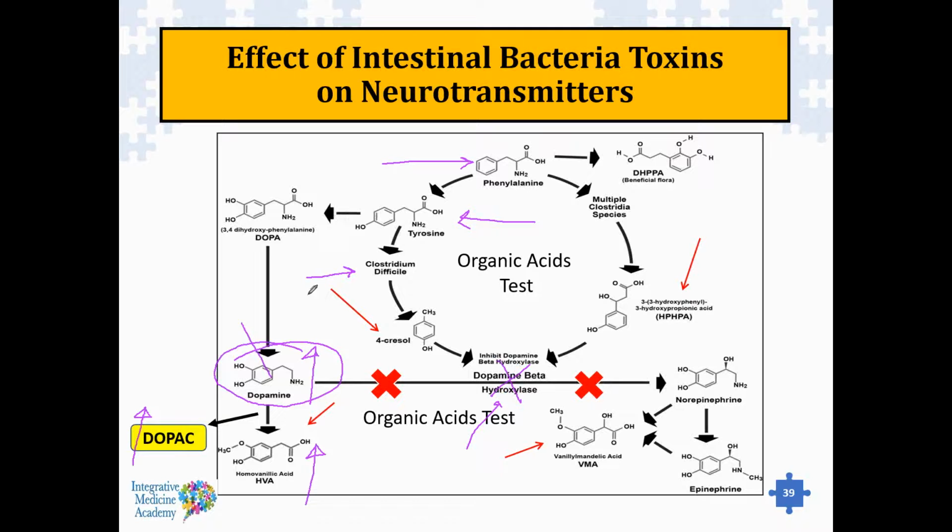Dopaminoquinone can trigger apoptosis of nerve cells. It can also lead to glutathione deficiencies, as well as lead to neurodegenerative reactivity within the nerve cell.